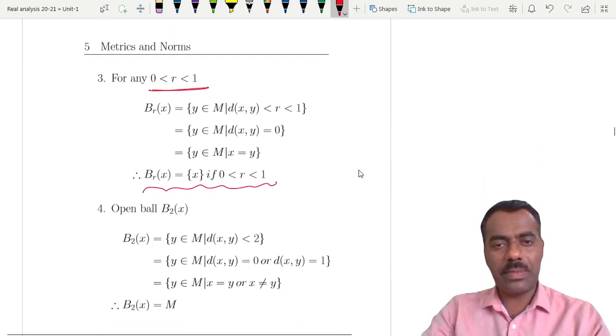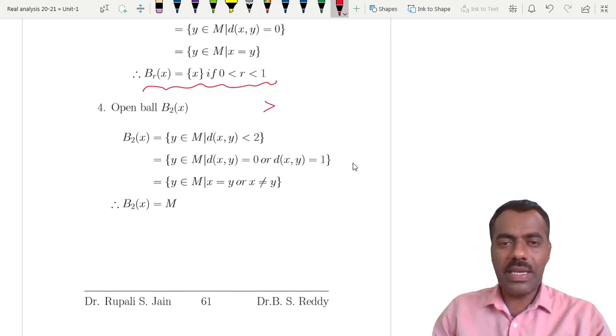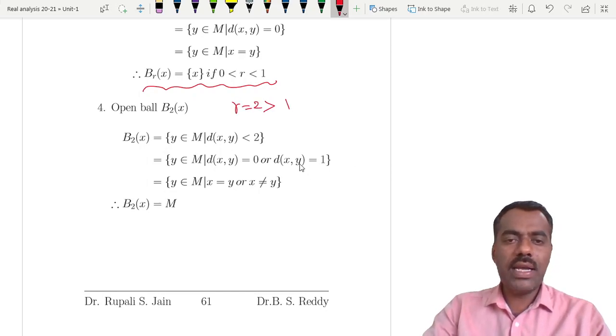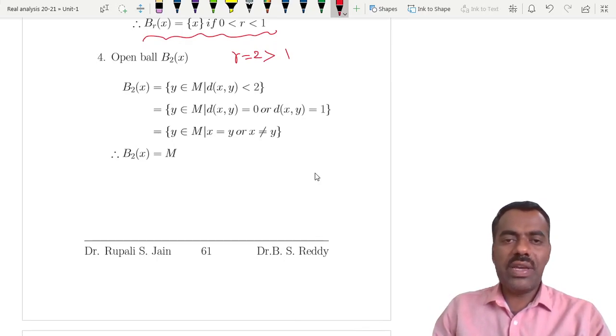Same technique. What about if you take anything greater than 1? For example, here we are taking r equal to 2, which is greater than 1. Then y such that d(x, y) is less than 2. So 0 also satisfies this condition, and distance 1 also satisfies this condition.